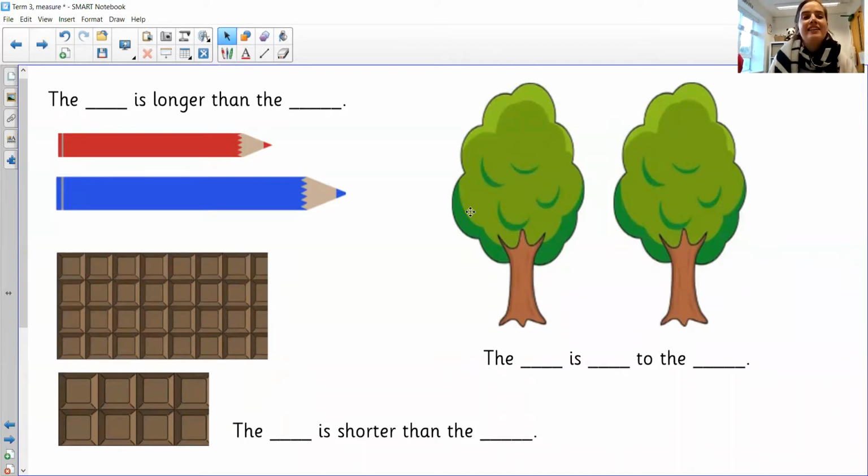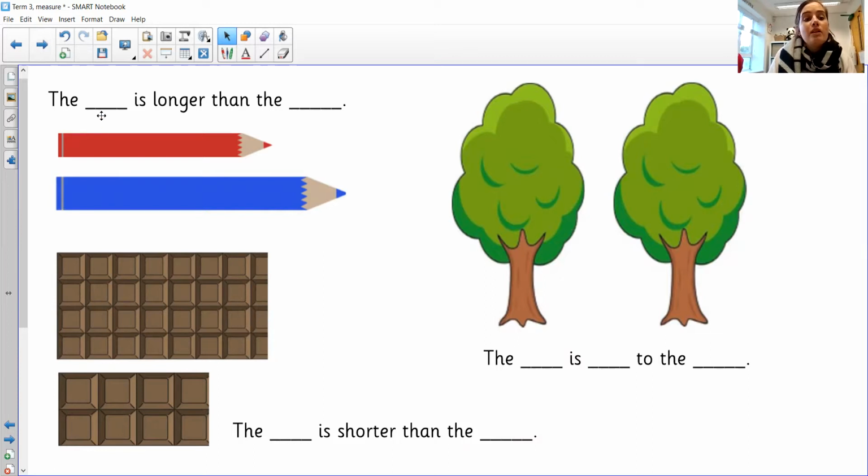Excellent, excellent. Okay, well done. Okay, so let's start with this one. The is to the So they're both the same. The green tree is equal to, we could say, the other green tree, couldn't we? They're equal, they're the same, they're both exactly the same height and width.